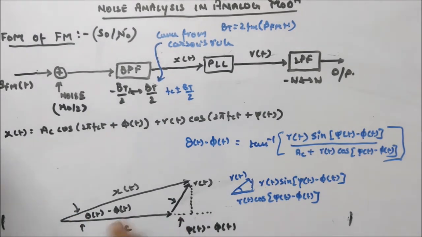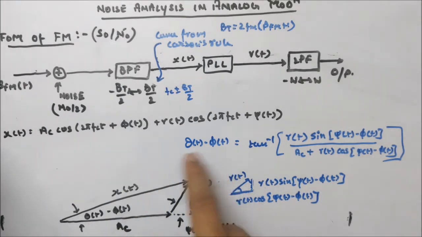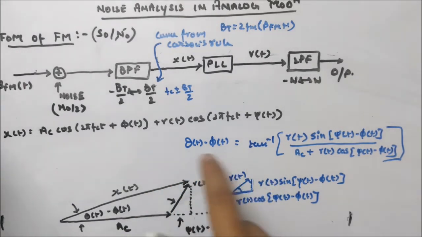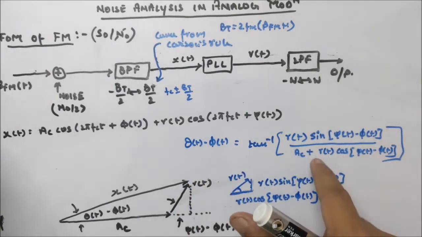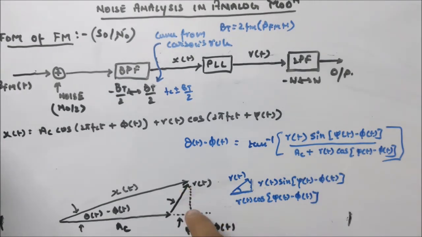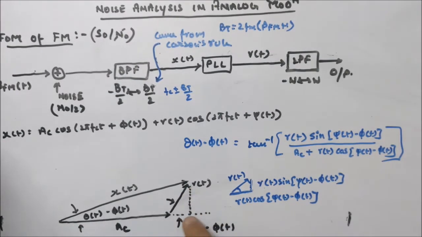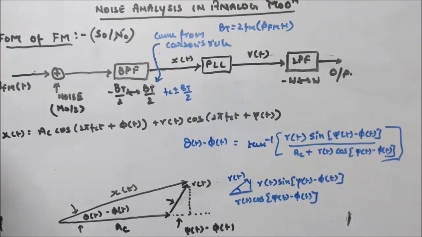Not tan theta, but tan of theta minus phi t. So I have written tan inverse of theta t minus phi t, perpendicular upon base. Perpendicular is this, and base is this much. So this distance is your base, this is your perpendicular.